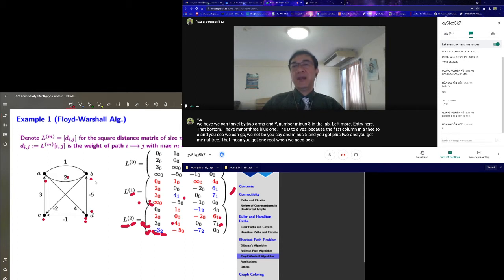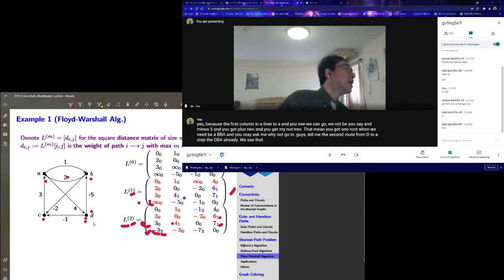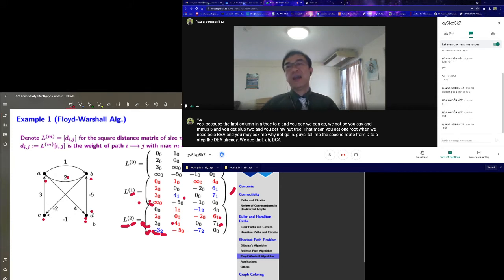And you may ask me why not going from, guys, tell me the second route from D to A, except the DBA already. We see that. DCA, yes, correct, and the weight will be number 2.